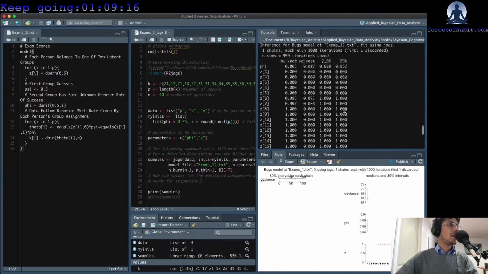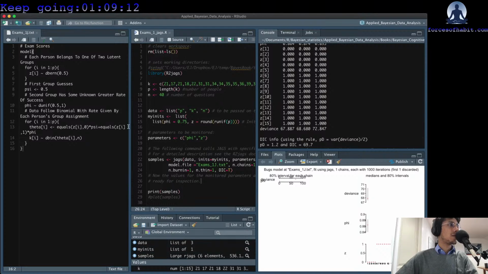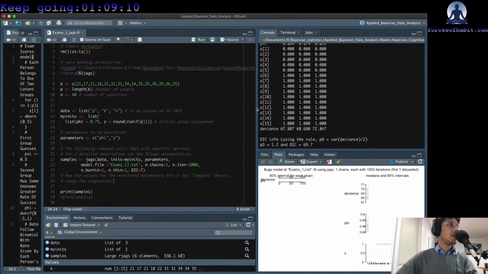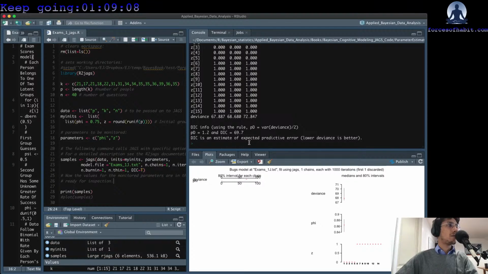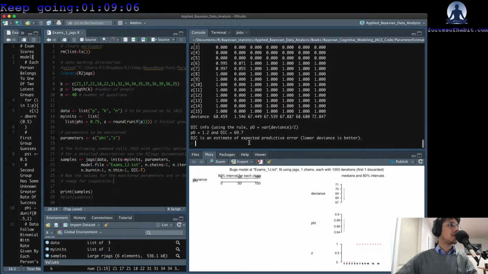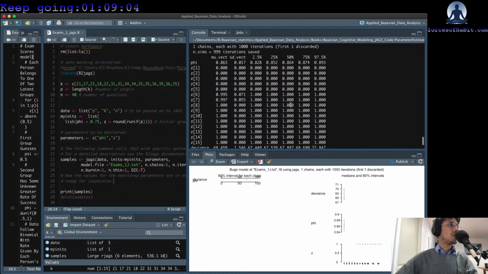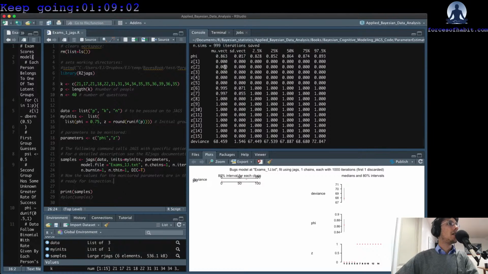All right. So as we can see here in the posterior distribution, let's print it again. Here's the posterior distribution, 0, 1. So there are 2 people where we're pretty sure, but there's a little uncertainty.